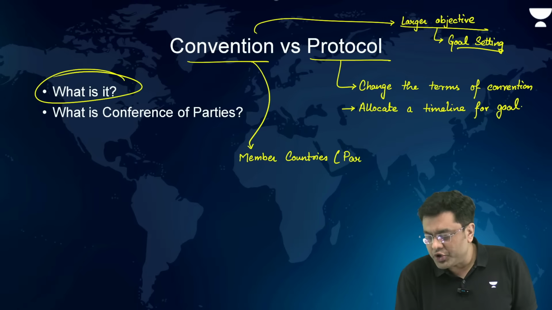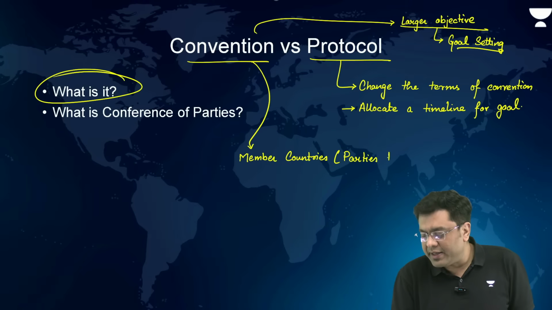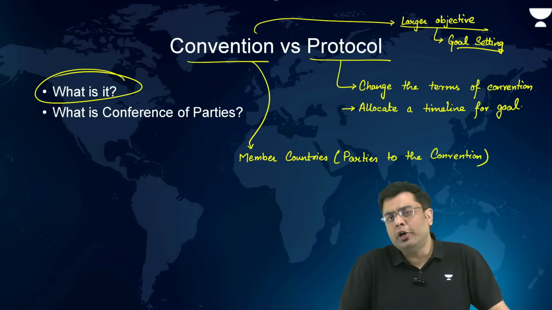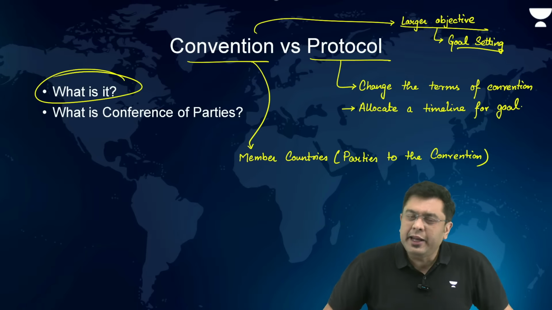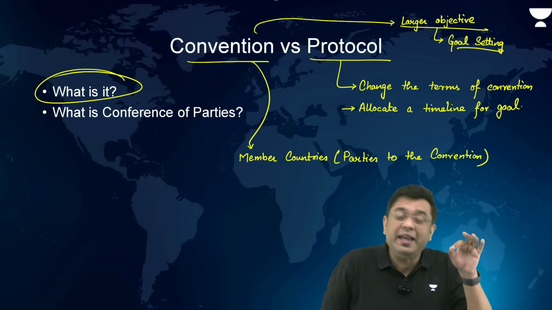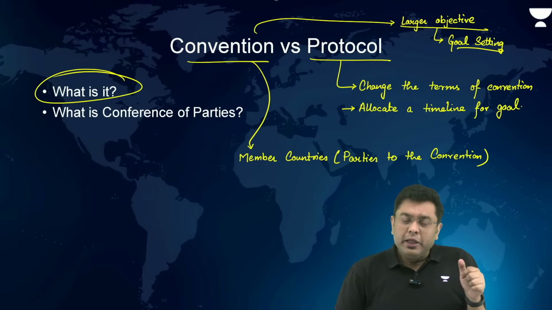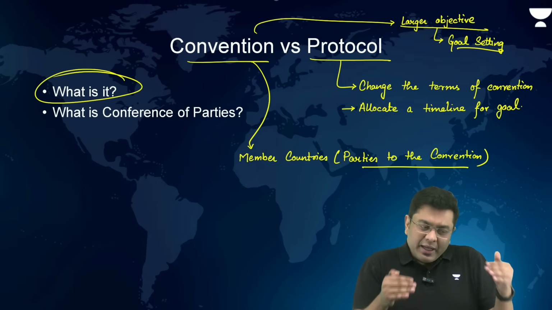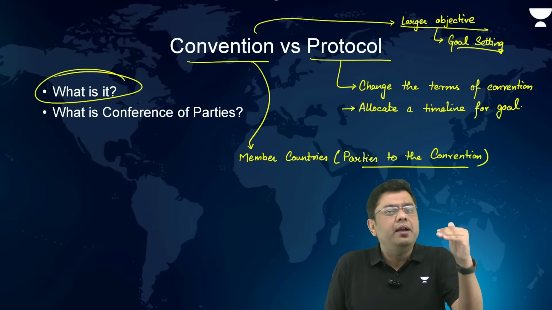Now, these parties to the convention will meet in order to go for the agenda setting, in order to decide what to do going ahead, what are the major areas to address, right? So these parties to the convention become the supreme deciding body.